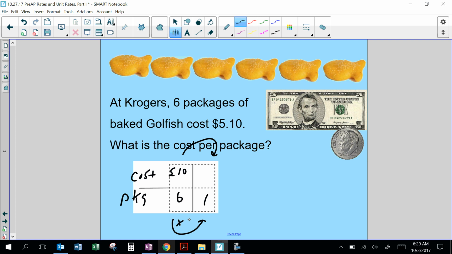Or the scale factor of times 1/6. So 5/10 times 1/6 is 5/10 divided by 6. How many 6's go into 5? 0 times. How many 6's go in 51? 8 times. 51 minus 48 is 3. Bring down the 0. How many 6's go in 30? 5 times. So each package will cost 85 cents at Kroger.